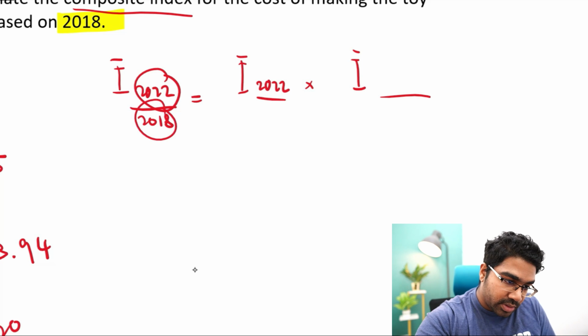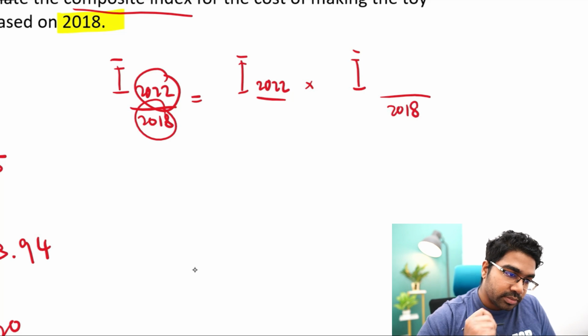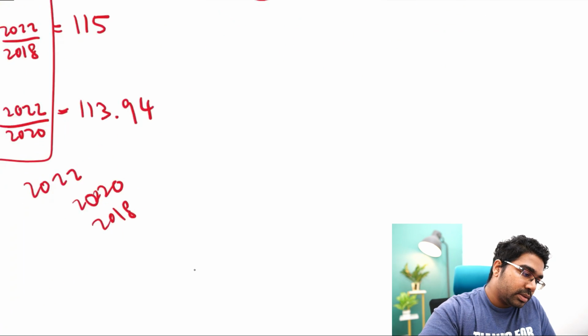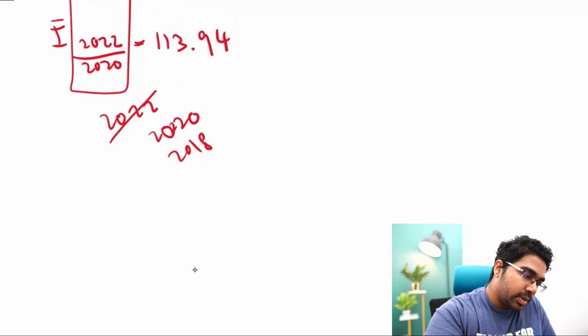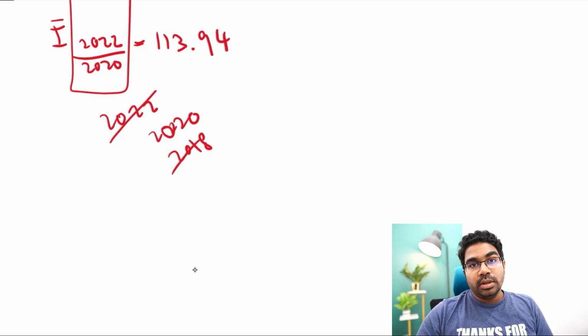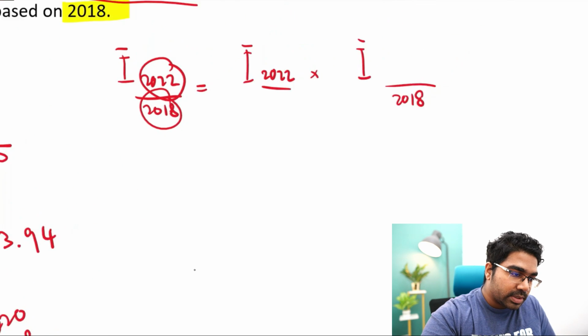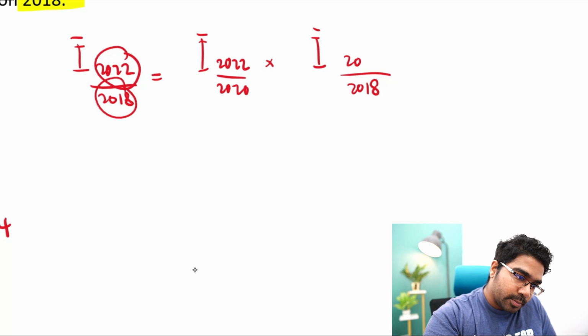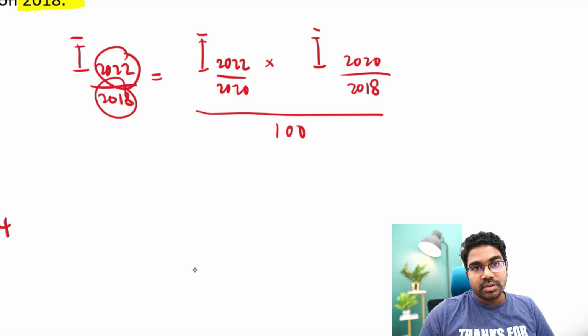The smallest number, you put it here, 2018. So what is the missing space? Now, remember we had 3 years, 2020, 2018, 2022, and 2018 is already done. 2020 is what's left. Fill this in with 2020. And then divide by 100. That's all. You can use this formula.